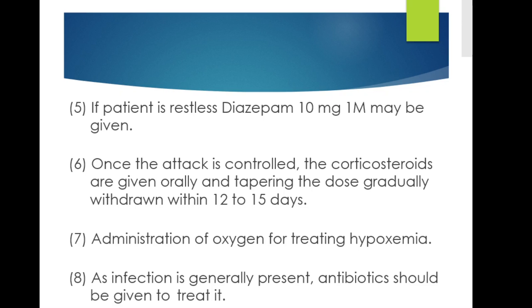If the attack is controlled, the corticosteroids are given orally with a tapering dose, that is, we will reduce the dose gradually within 12 to 15 days. If there is hypoxemia, we should administer oxygen. If infection is there, we should give antibiotics.